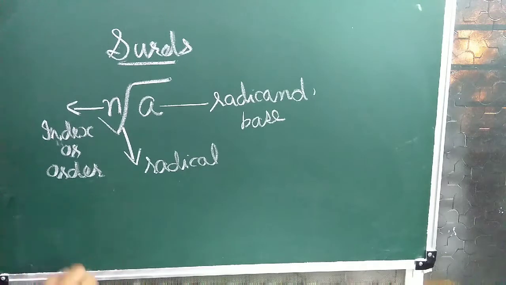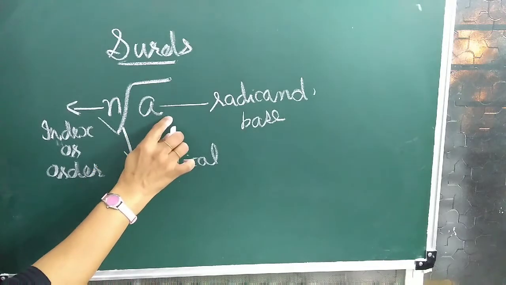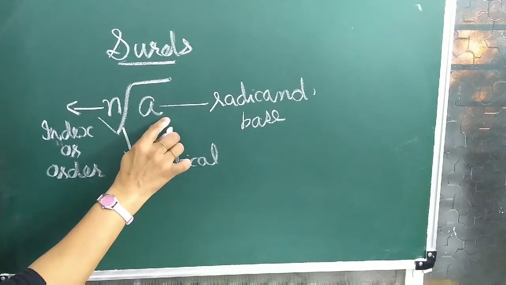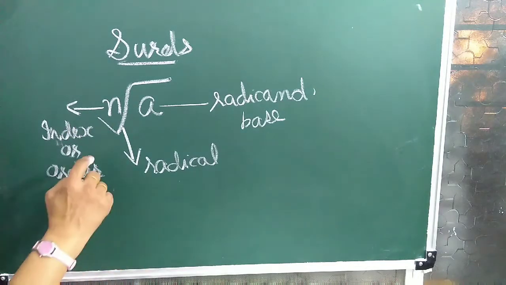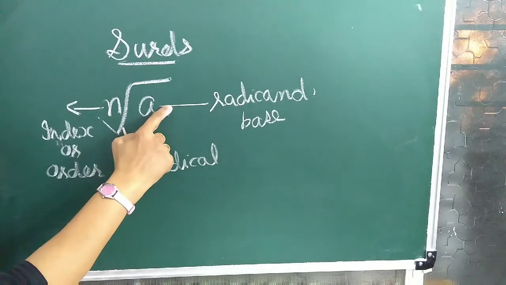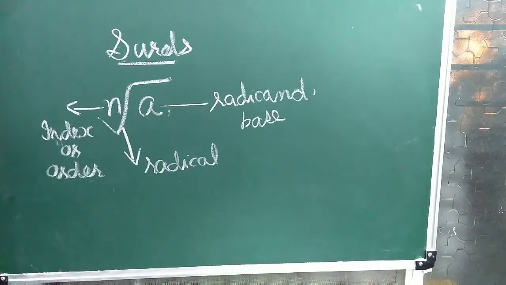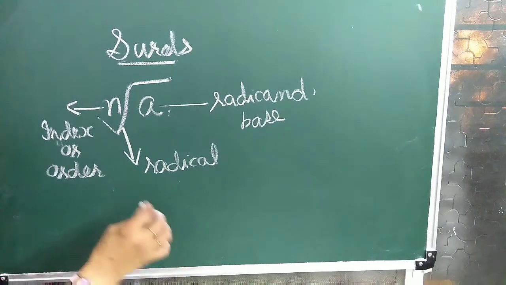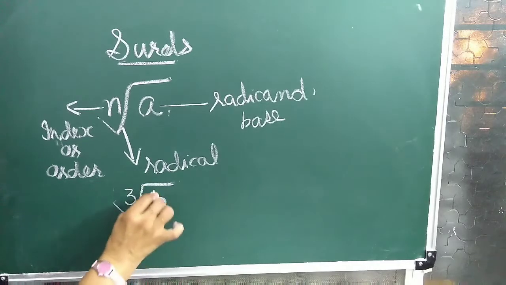Now what is a surd? An irrational root of a positive rational number is called a surd. For example, the third root of 5.